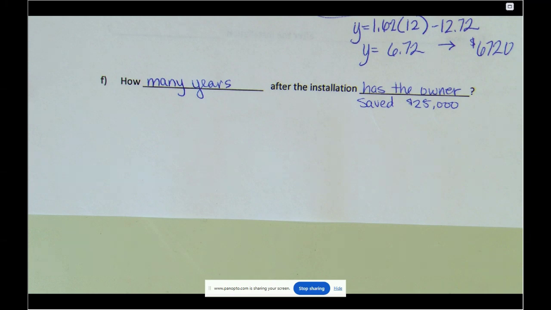Please figure that out for me. Or 23.2, I'm sorry.